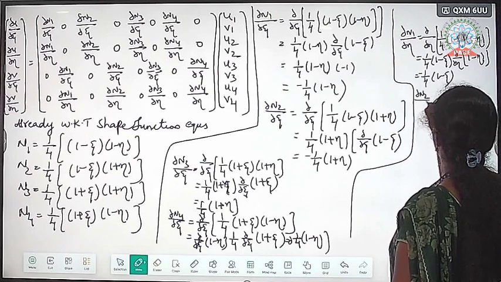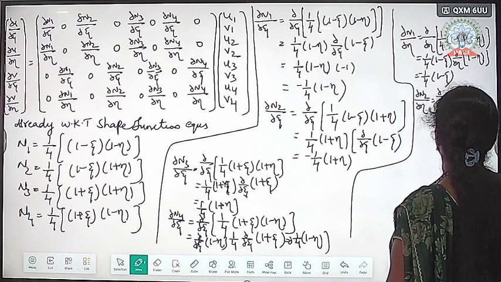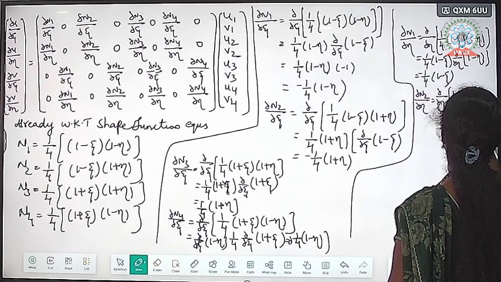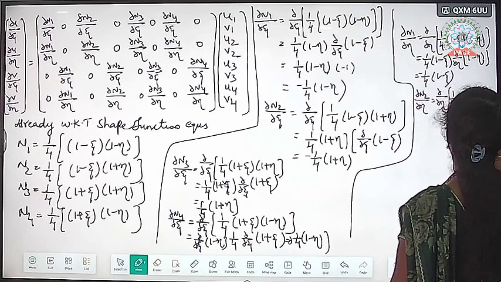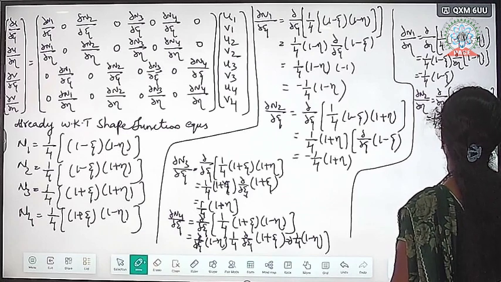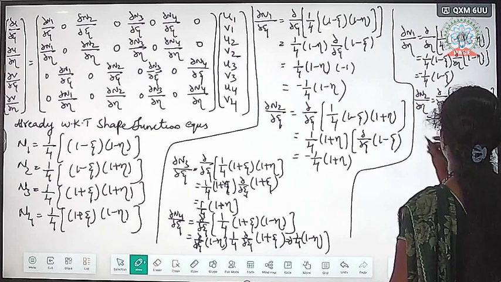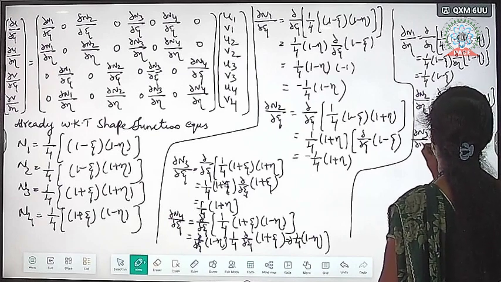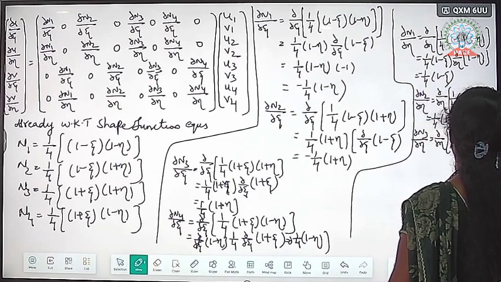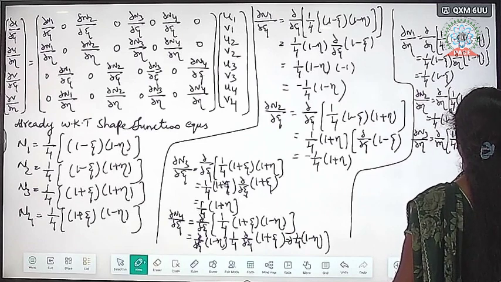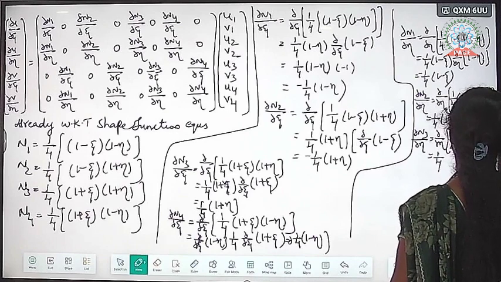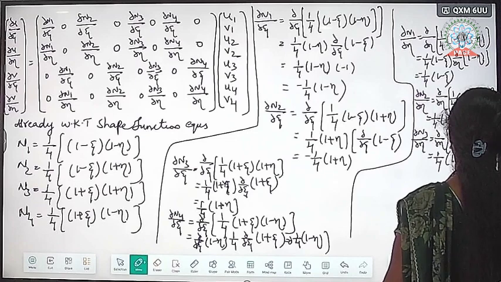Similarly, dou N2 by dou eta is equal to dou by dou eta of 1 by 4 into the N2 term (1 minus xi) into (1 plus eta). That is equal to 1 by 4 into (1 minus xi). Similarly, dou N3 by dou eta is equal to dou by dou eta of 1 by 4 into (1 plus xi) into (1 plus eta), which is 1 by 4 into (1 plus xi).